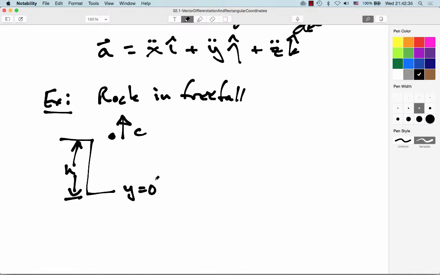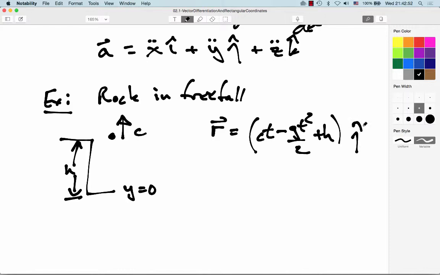All right. Well, I think we know the answer, but let's go ahead and do the old guess and check on this. The position is going to be given by ct minus gt squared over 2 plus h, and that's all j hat. Okay, so the velocity would be what I get if I differentiate this once with respect to time. So differentiating this, I just get c. Differentiating this, we'll bring down a 2.